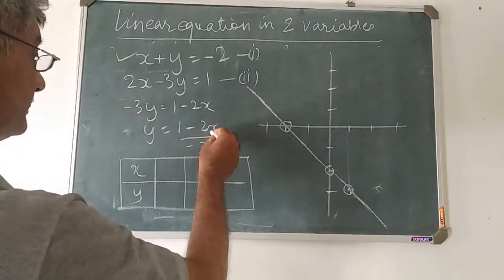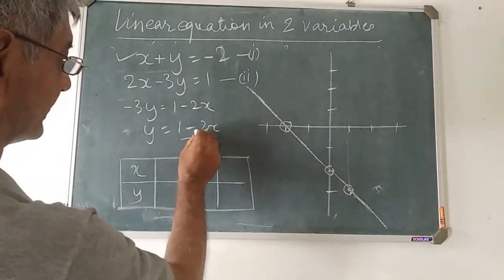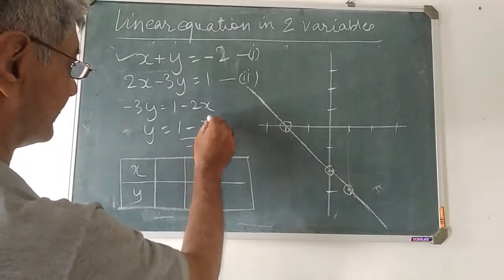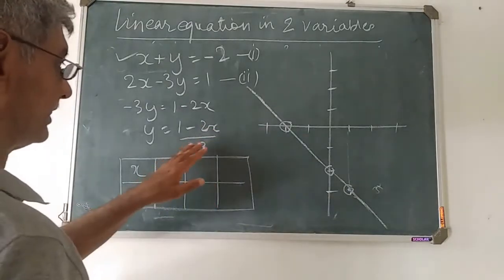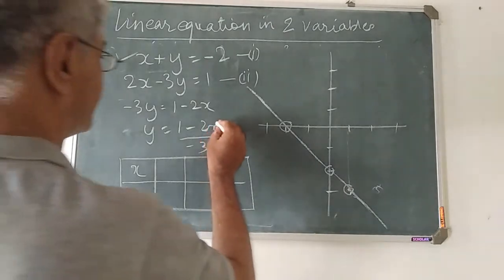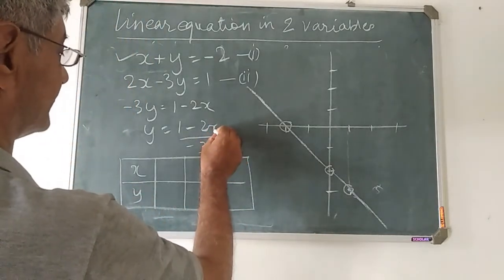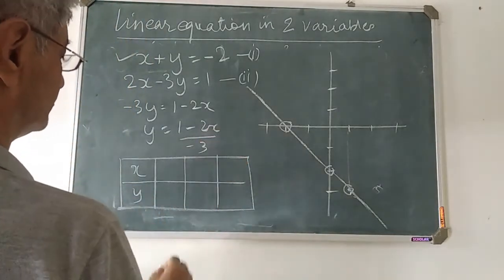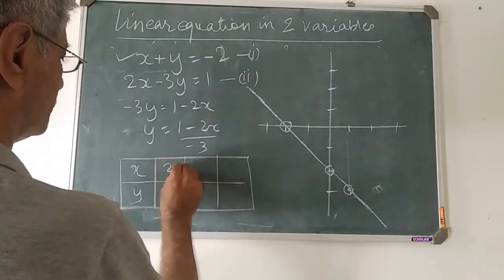What do we put here? If you put 1, it will become 1 minus 2, so minus 1 upon 3, which we don't want. We want whole numbers. So let us take x as 2.